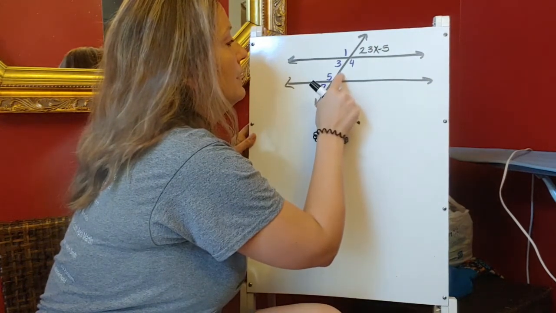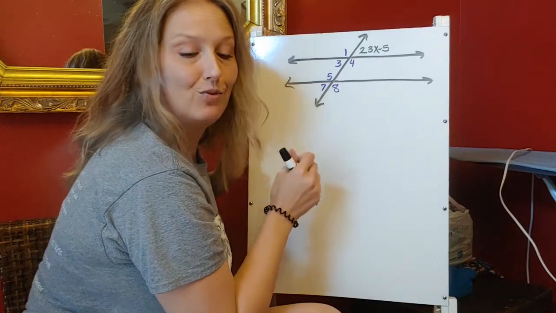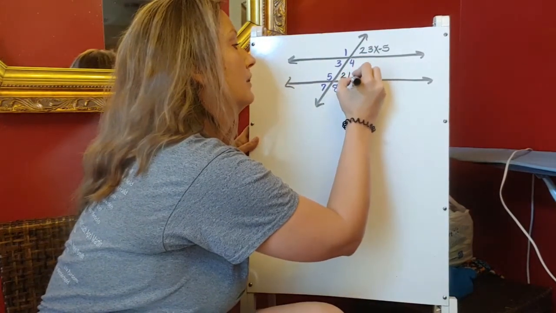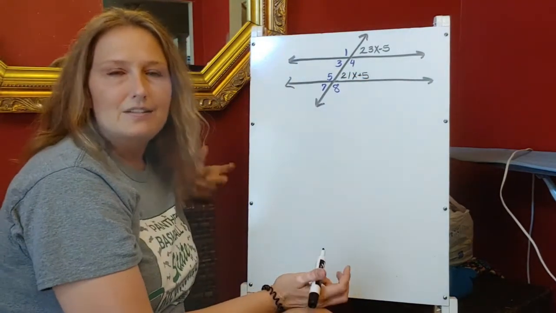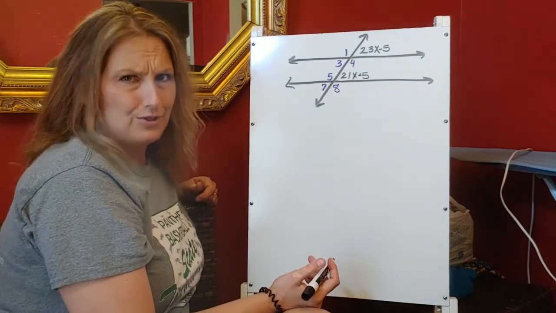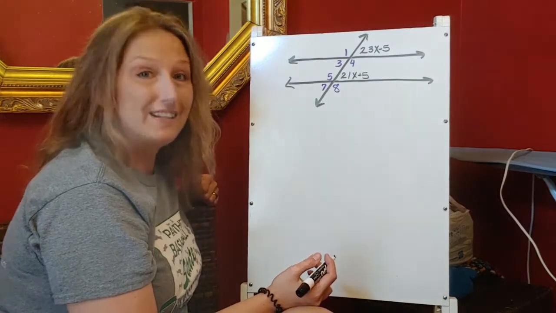And its corresponding angle at 6 is no longer 6, it's 21x plus 5. So I just have expressions now instead of those numbers. It doesn't change the fact that they're still corresponding, still congruent, and still equal to one another.